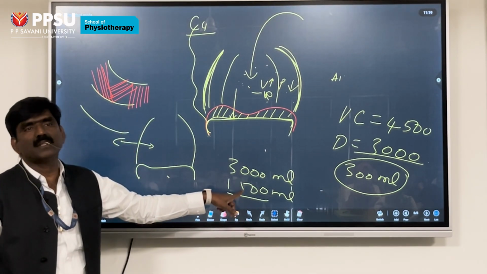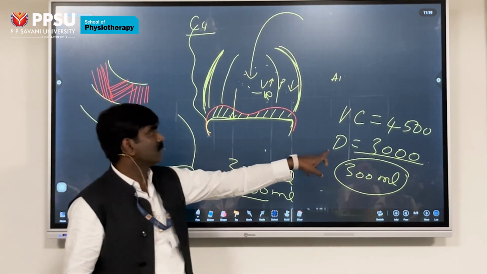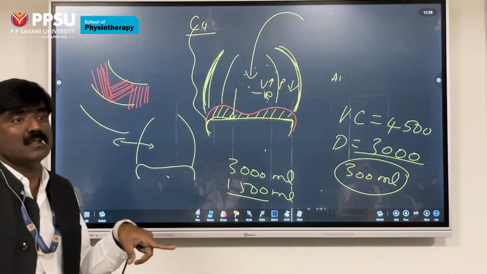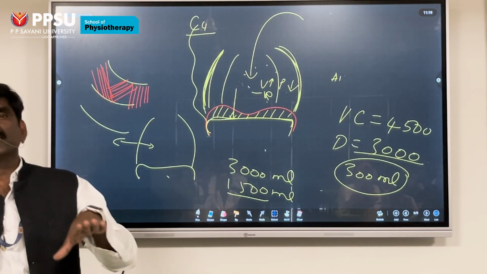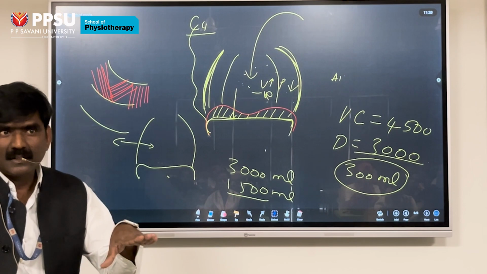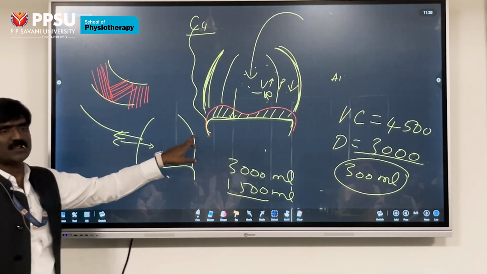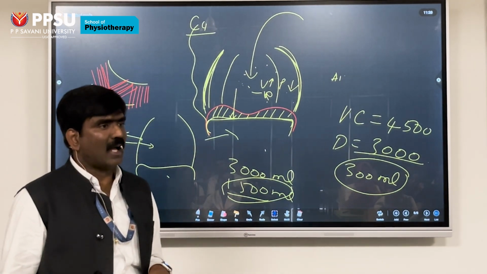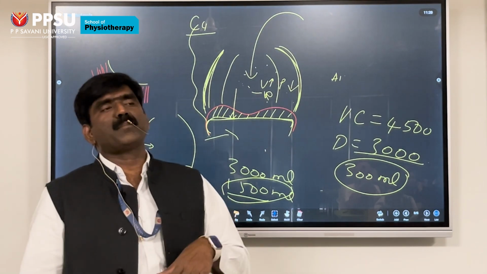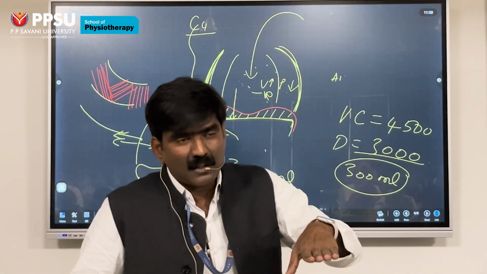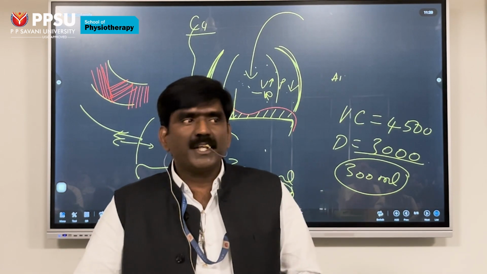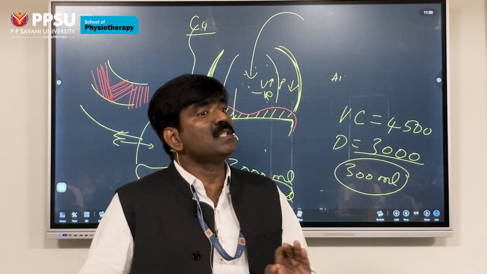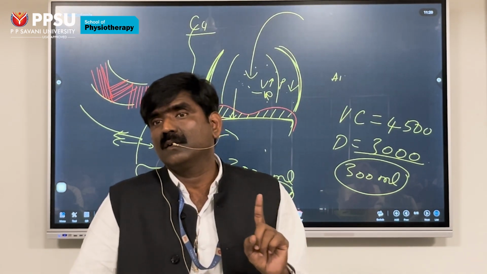Because 1500 is the contribution of intercostal muscles, because intercostal muscles are paralyzed and there is no movement of the chest wall, so you cannot achieve this 1500 ml. Are you clear? Initially the vital capacity will go to 300, and in the later stage, when the rigidity of the muscle develops, maximum vital capacity which can be achieved is 3000 and not 4500 ml.